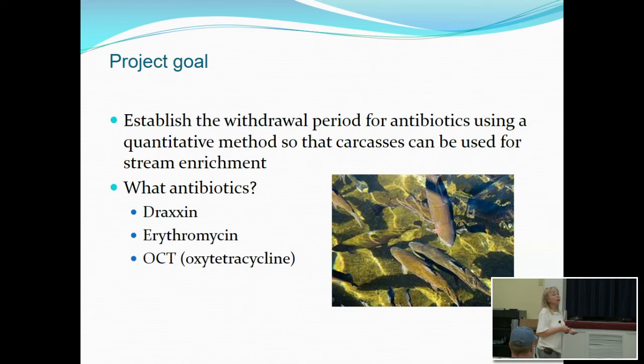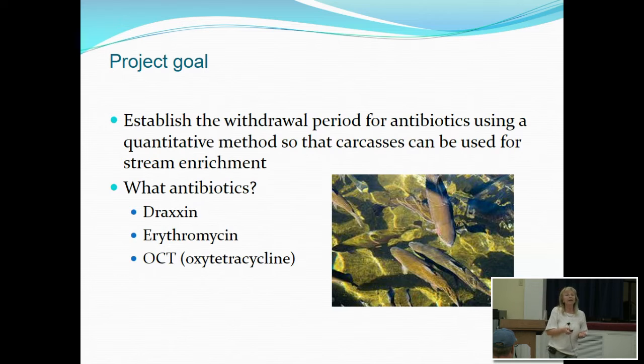So the question is, if these fish are all pumped with antibiotics on a routine basis, and then they are put back in the stream, is there an issue of releasing antibiotics in the environment?